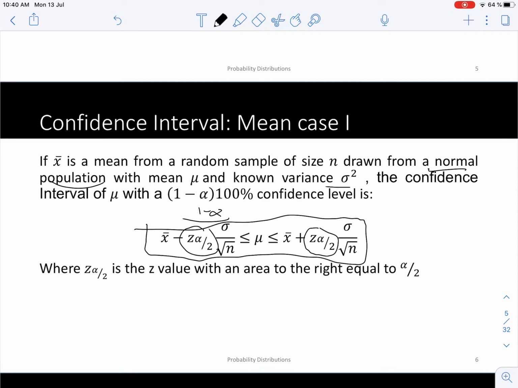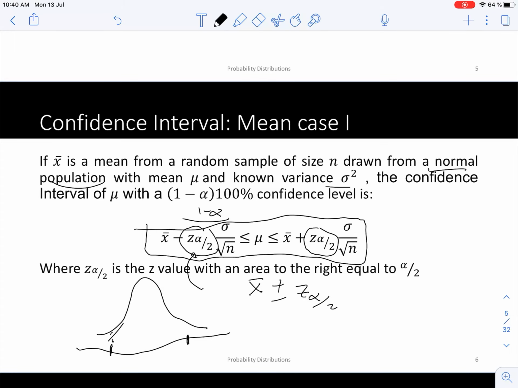Let me give you a better idea of this. This is the normal distribution, right? And we're trying to get an area here. If you notice, we have x bar plus minus, and then we add and remove z of alpha divided by 2. What is alpha divided by 2?